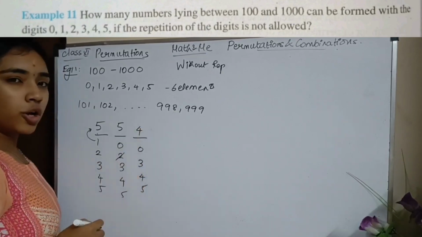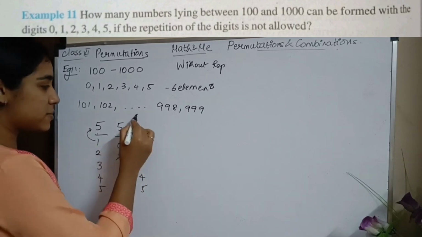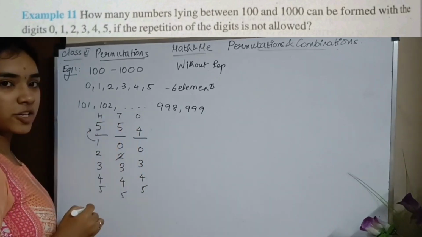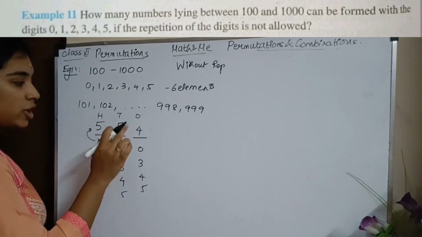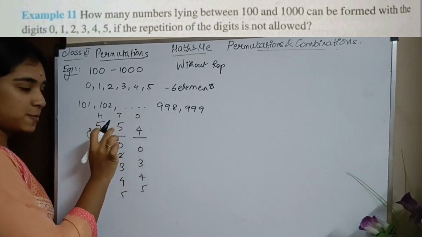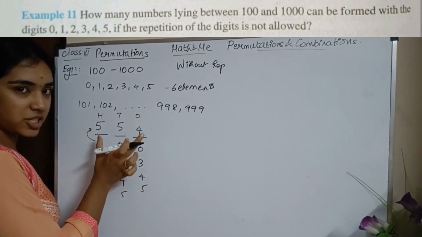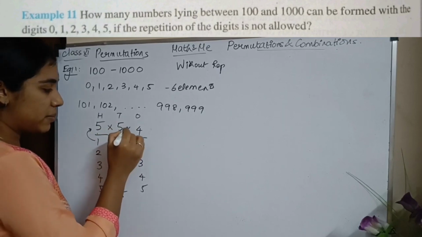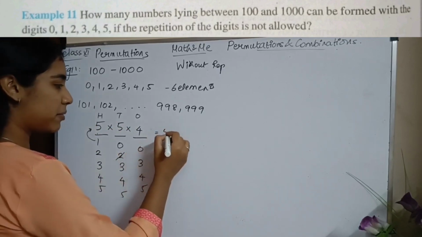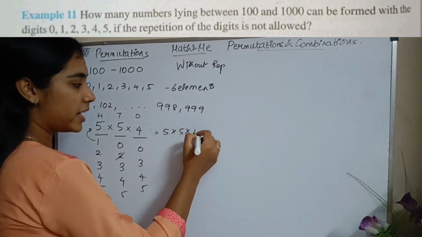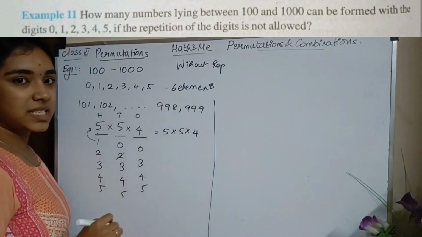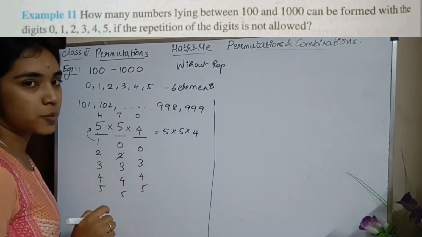So I have 4 options for my ones place. This is my ones, tens and hundreds place. So finally I want my ones place, my tens place and my hundreds place for that 3-digit number. So multiplication. Okay? So what will be my final answer? 5 times 5 times 4. This is like what we saw in the first exercise. Okay, now what can we do using permutation?